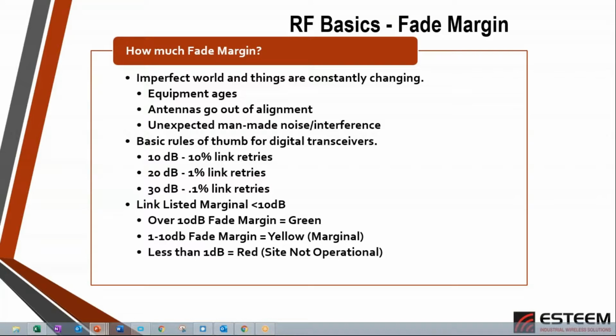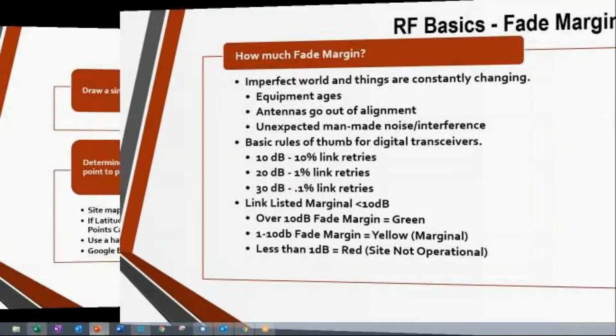So within this RF design program, anything over 10 dB will show up on the screen as a green link, or a good link. Anything between 1 and 10 dB of fade margin will show up as yellow, which we consider marginal. Anything less than 1 we show as red, so that we know there is a problem and changes need to be made when we're designing the system.